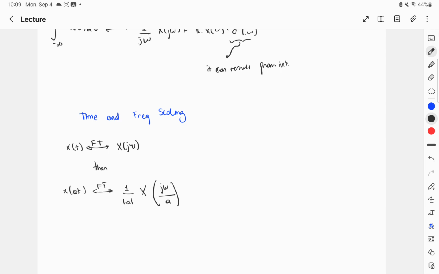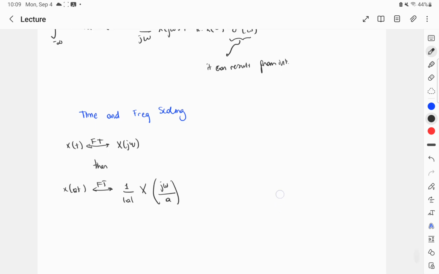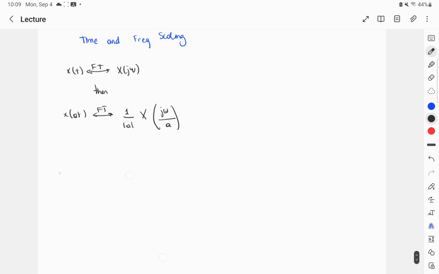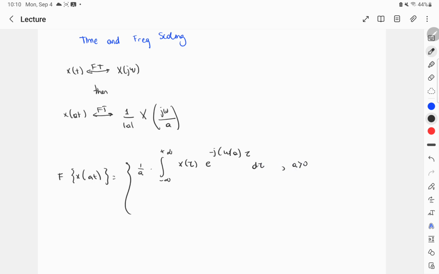The absolute value here is important because we can also write this in this way: 1 over a, from minus infinity to plus infinity of x of tau, if a is bigger than 0.